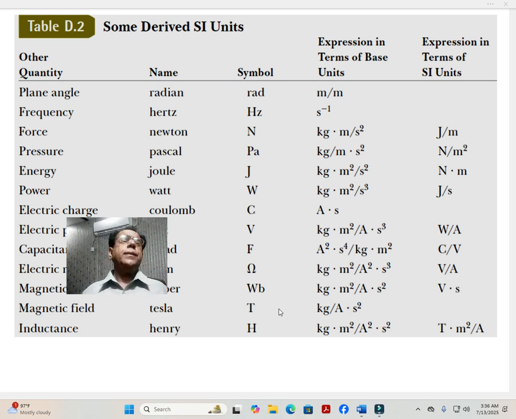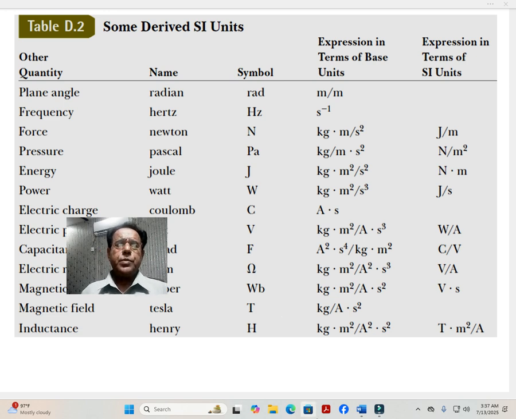These four quantities have some specific ground due to which these units cannot be expressed in terms of SI units. Radian is a unit of plane angle, hertz is a unit of frequency and is equal to second inverse. Similarly, coulomb and Tesla, magnetic field, also have no equivalent SI units.